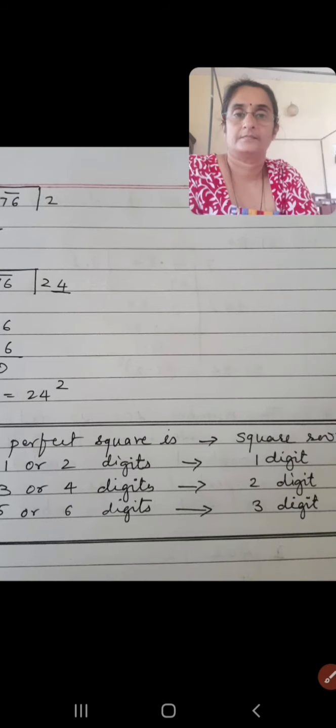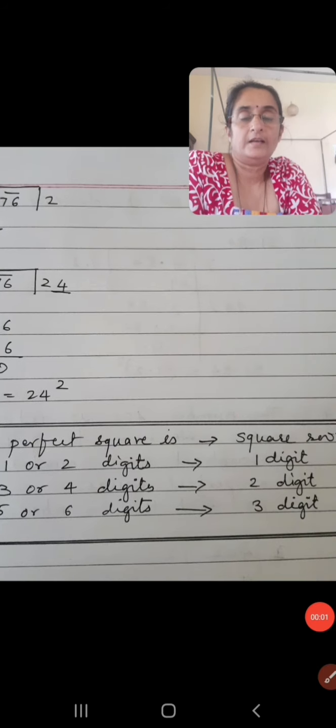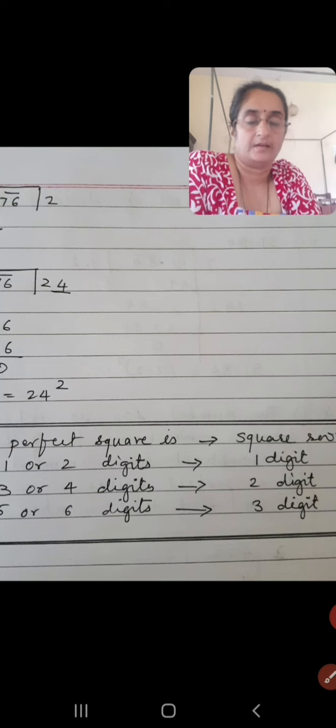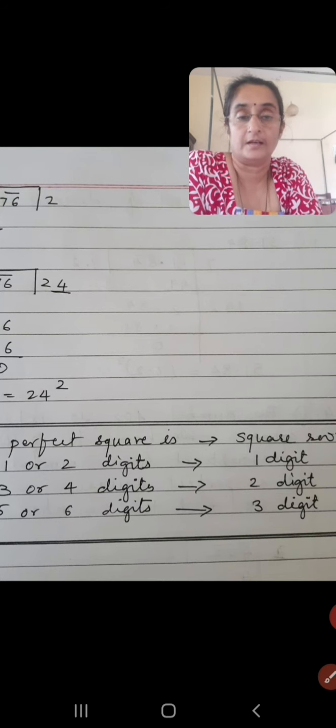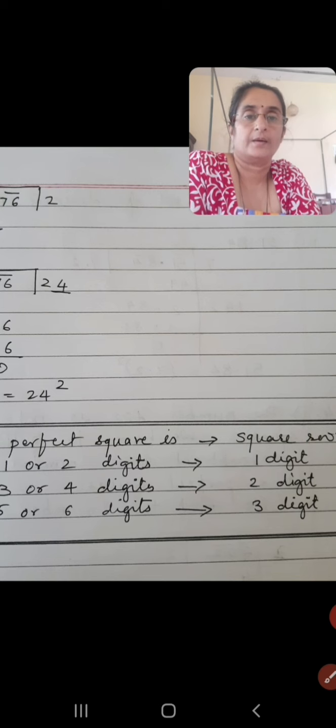Children, you have learnt different methods of finding out square roots. You have learned repeated subtraction, prime factorization and division. 3 methods you have learned. Now, after seeing a particular perfect square number, can you tell me how many digits will be there in the root number? No, but see, there is one perfect formula to find out how many digits will be there in the square root.